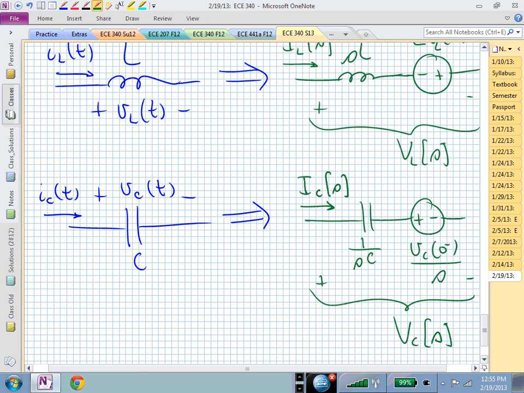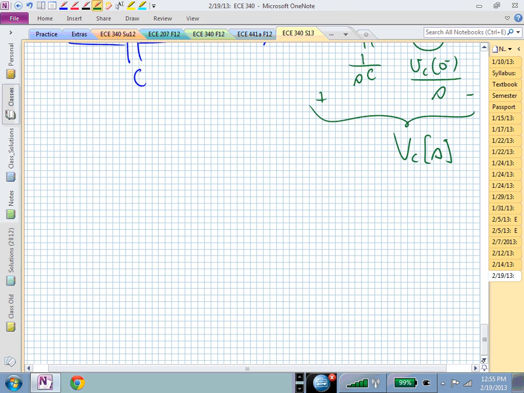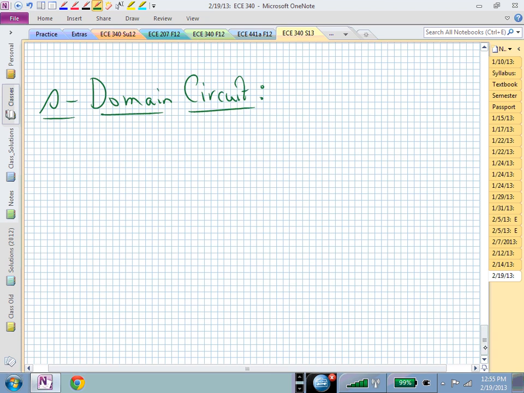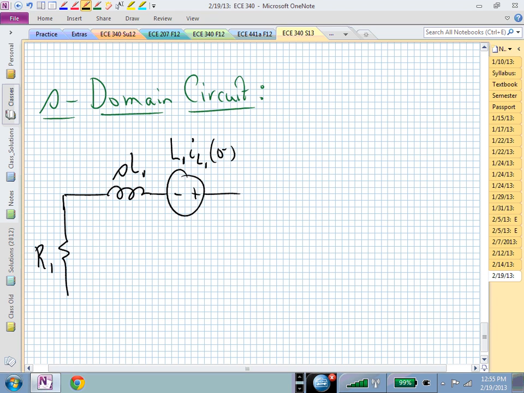Now we can start re-sketching that circuit in the S domain. We had a resistor on the right, or on the left. That comes through unaltered. We have an impedance. And we had this initial condition. The source is now minus plus left to right. L sub 1, I sub L sub 1 of 0 minus.